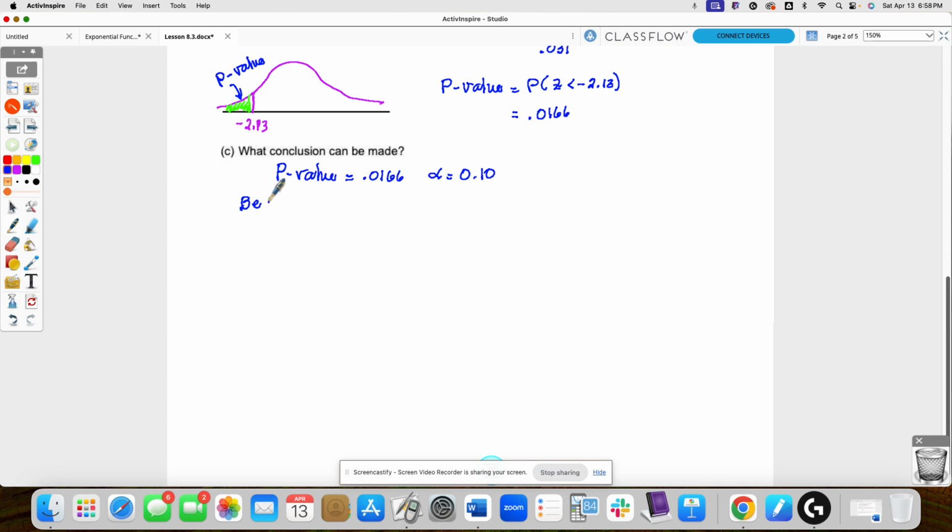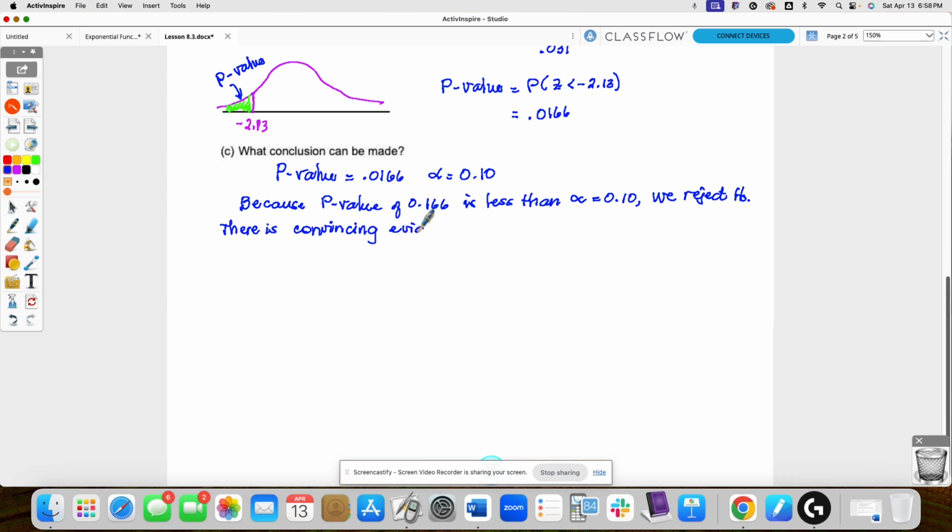So we say that because the p-value of 0.0166 is less than alpha, which is equal to 0.10, then that means that we reject the null hypothesis, which means that there is convincing evidence for HA. What is our HA?